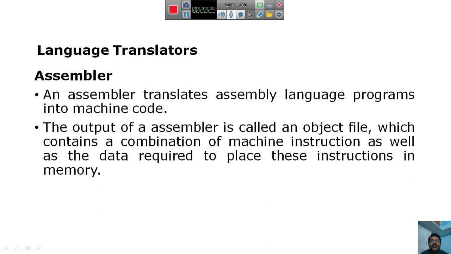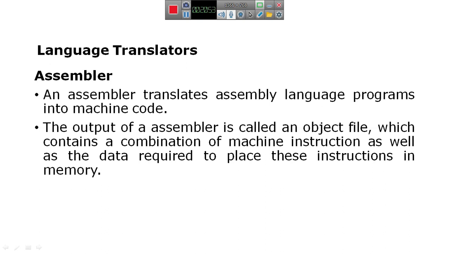Here the point we need to understand is that the assembler is one of the language translators.